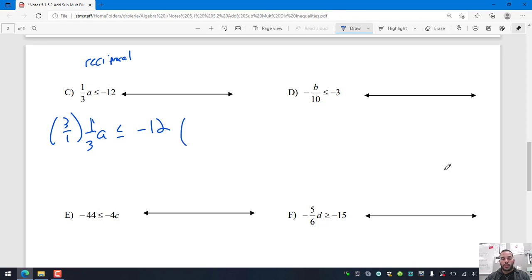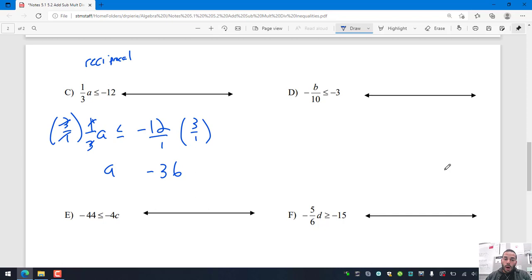And what's going to happen here is, if I do it to both sides, on my left side, these guys are going to cancel, and I'm just left with A. And on the right side, I'm left with negative 12 times 3/1. It's the exact same thing as negative 12 times 3, and that's equal to negative 36. Have I multiplied or divided by a negative?